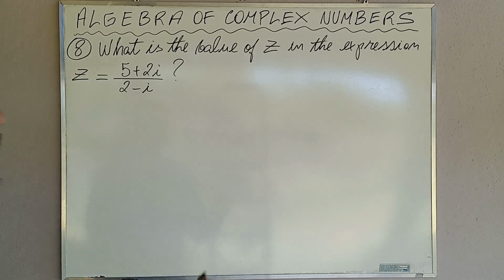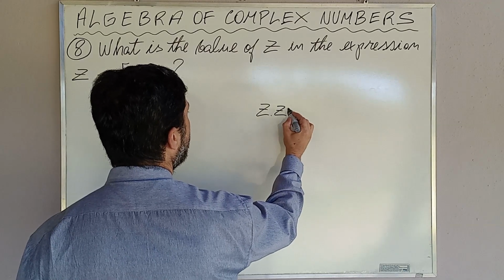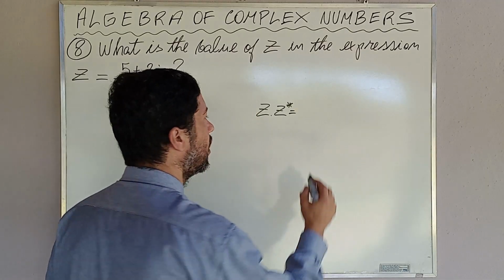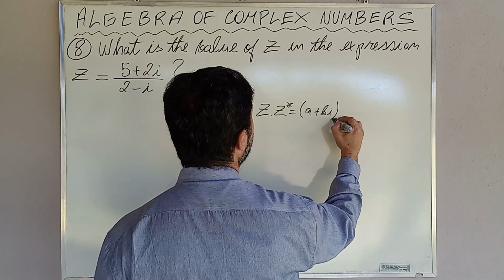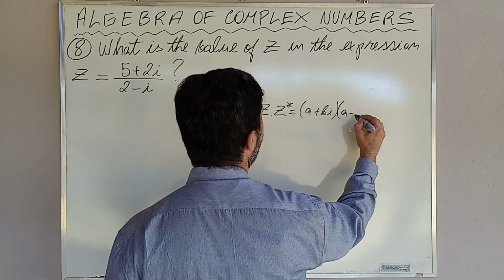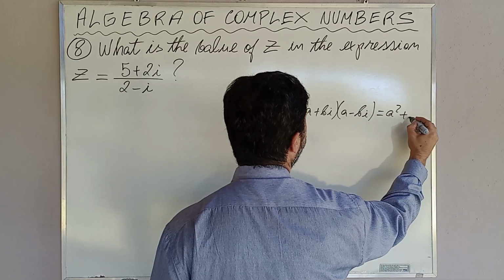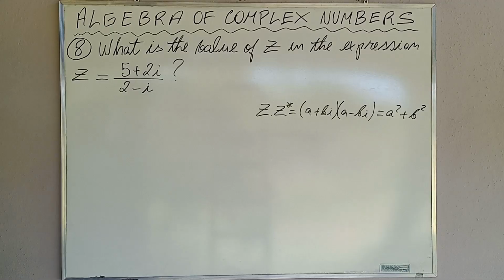Observe that the multiplication of a complex number with its complex conjugate is a real number. (a plus bi) times (a minus bi) is equal to a squared plus b squared. We are going to use this property.